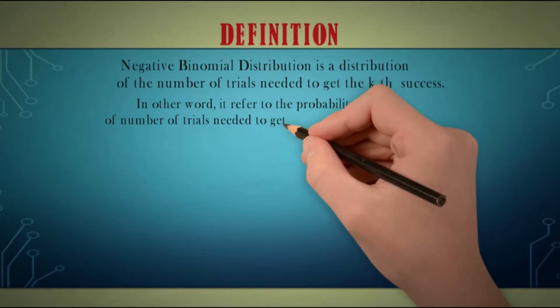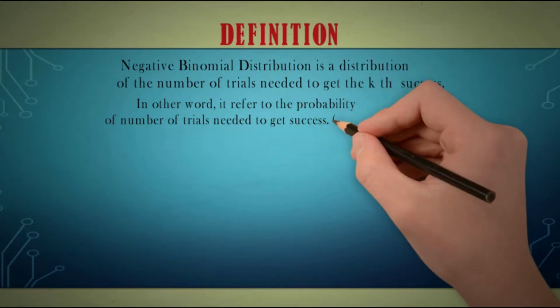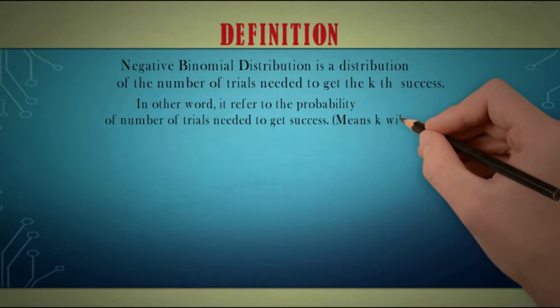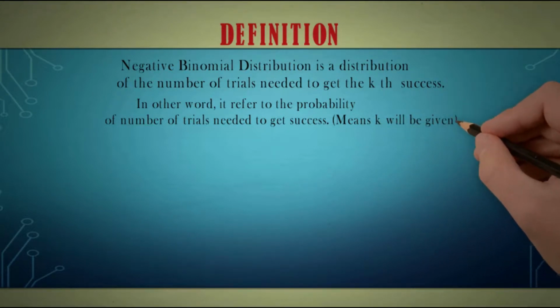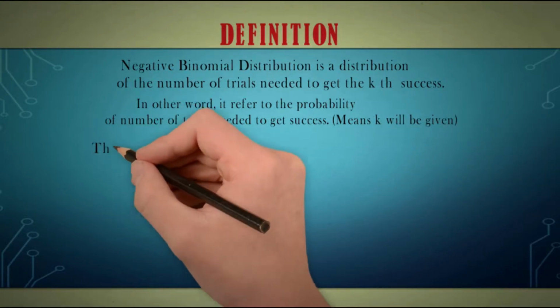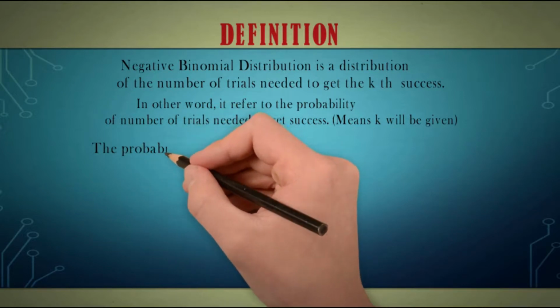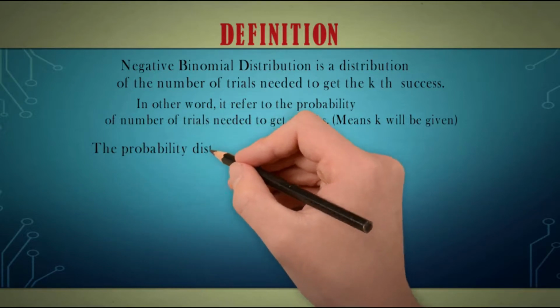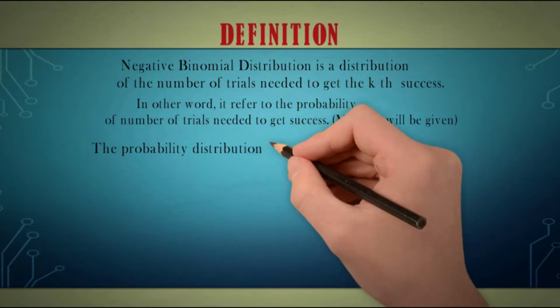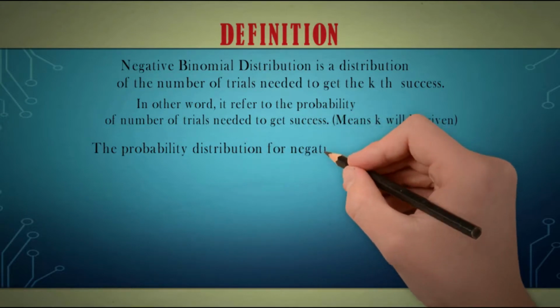So, to sum up, the definition of negative binomial distribution is the distribution of the number of trials needed to get the kth success. In other words, it refers to the probability of the number of trials needed to get success, which means k will be given.